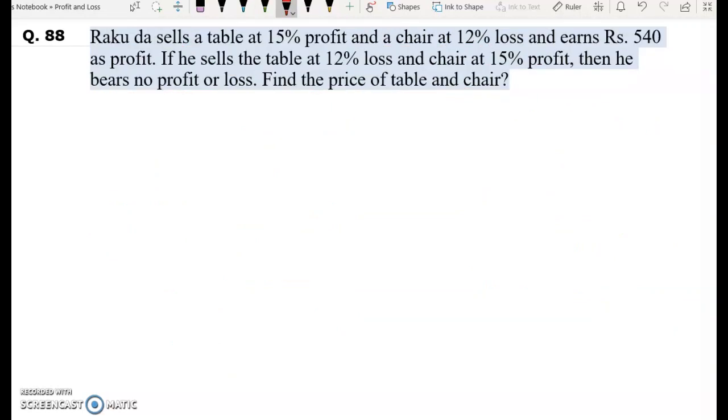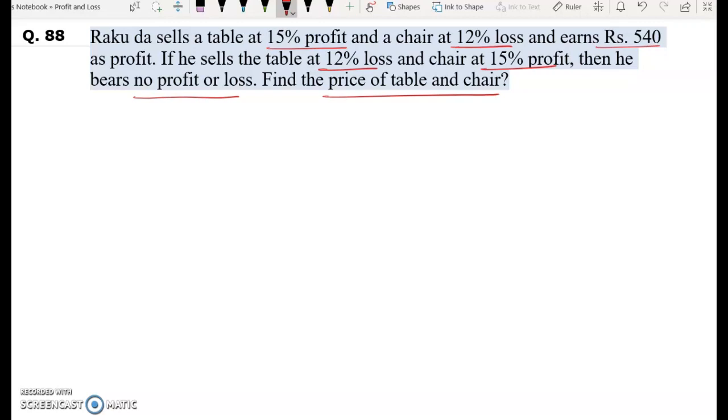Question number 88. Rakuda sells a table at 15% profit and a chair at 12% loss, and he earns rupees 540 as profit. If he sells the table at 12% loss and chair at 15% profit, then he bears no profit or loss. Find the price of table and chair.